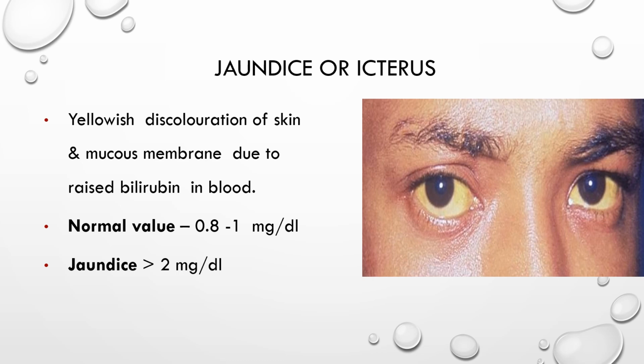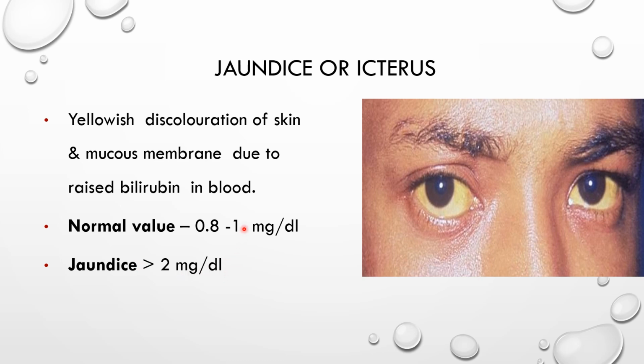Jaundice or icterus refers to the yellowish discoloration of the skin and the mucous membrane due to the raised levels of bilirubin in the blood. The normal value of the bilirubin is below 1 milligram per deciliter. In jaundice, the serum bilirubin level becomes more than 2 milligram per deciliter.